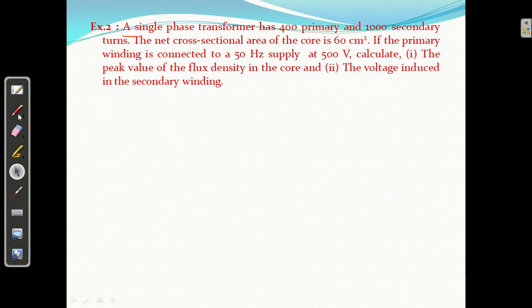Next problem I have. A single phase transformer has 400 primary and 1000 secondary turns. N1 is given as 400 and N2 is given as 1000.